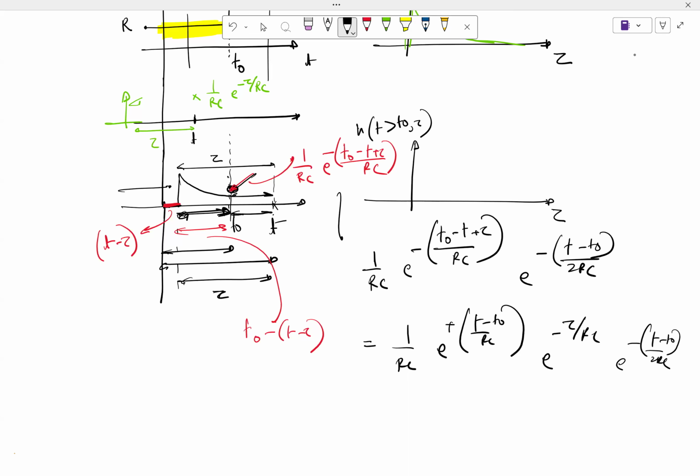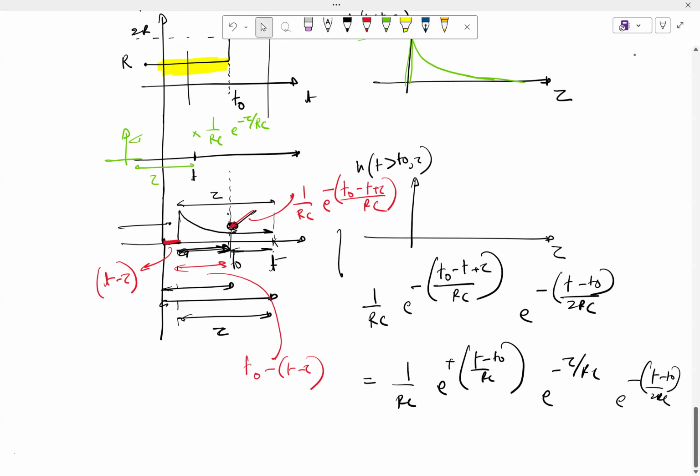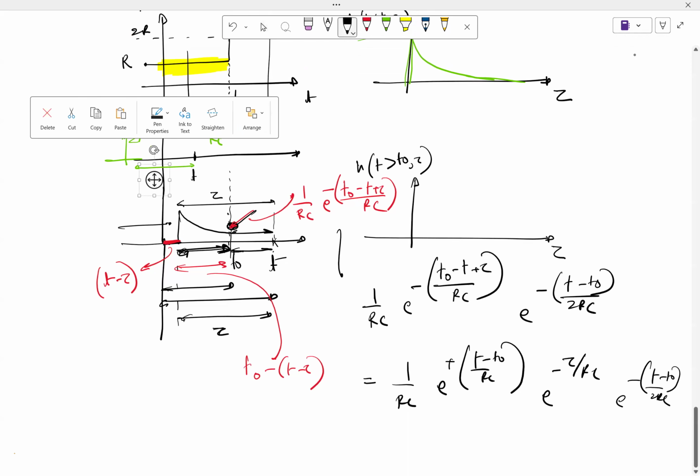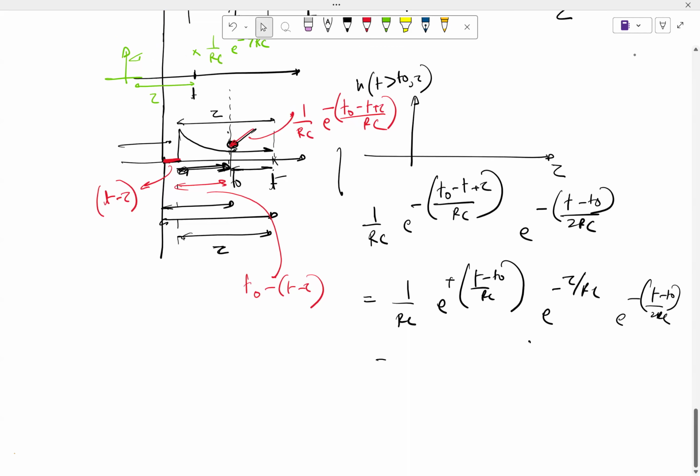Did I make a mistake somewhere? No, this is fine. So you have 1 over RC e power (t minus t0) by 2RC times e to the power minus tau by RC.